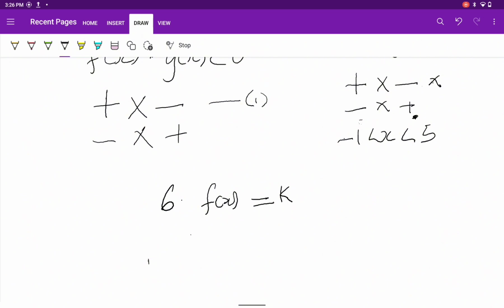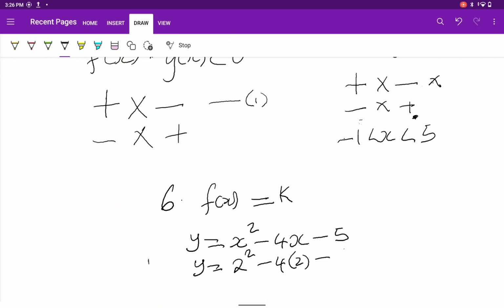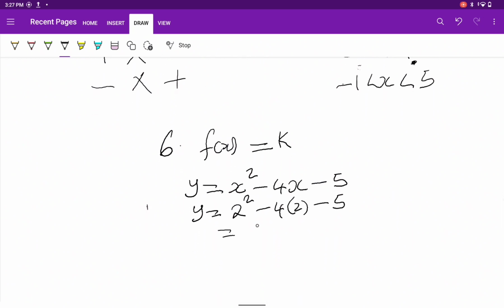Remember, our equation is y equals x squared minus 4x minus 5. Already we have indicated that the x coordinate there is 2, so we have 2 squared minus 4 times 2 minus 5. So we actually get the answer of negative 9.